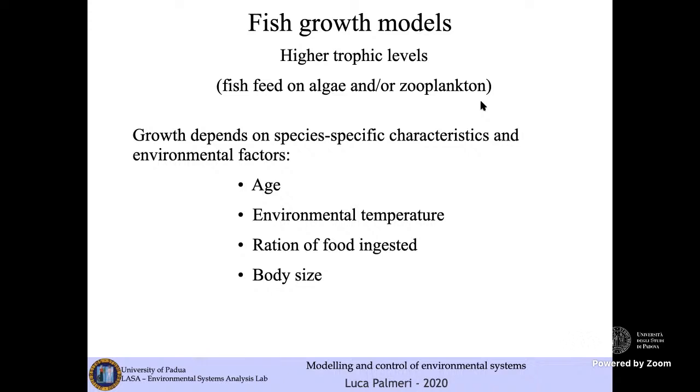As we have said several times in the class, temperature is a very important forcing function for all ecological models. Other species-specific characteristics are the ratio of food ingested, so how much food is available, or the body size.